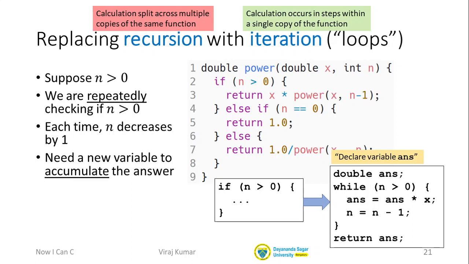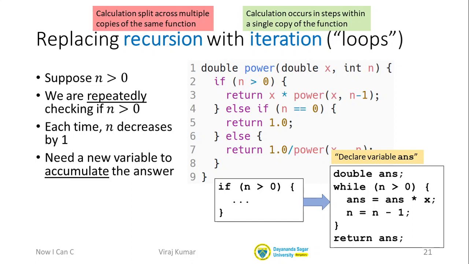Well, what is the current value of ans the first time? Well, it would be whatever value was stored inside the variable ans to begin with. Well, when we declared the variable ans, we didn't give it a value. It is uninitialized. And that is not correct. We will end up with a bad calculation.